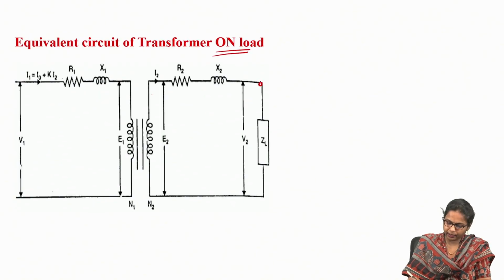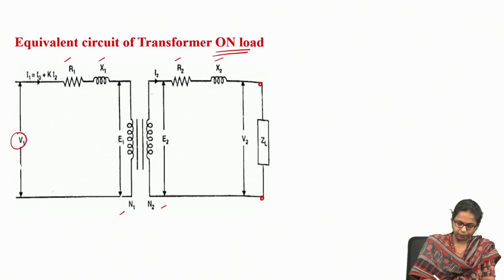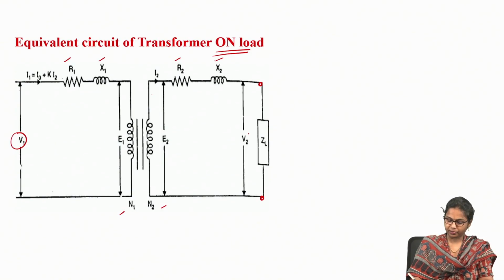On the secondary side, we have represented a different type of loading. N1 is the primary number of turns, N2 the secondary number of turns, R1 the primary resistance, X1 the primary leakage reactance, R2 the secondary resistance, X2 the secondary leakage reactance, V1 the primary input voltage, V2 the secondary terminal voltage, and E1 and E2 the primary and secondary induced EMFs.